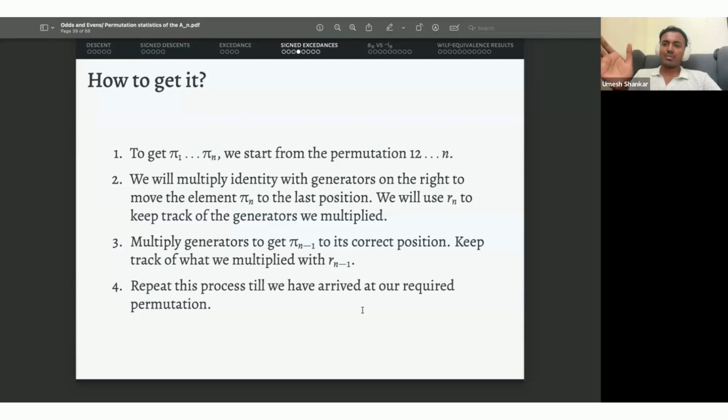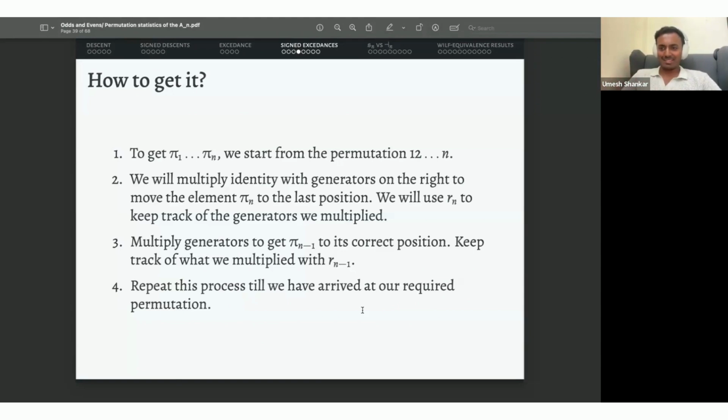Whatever generators we use like this, we will keep track of them using R_n. Now we will again multiply generators and move the second last element pi_(n-1) to its correct position, which is the second last position, and we keep track of the generators we use with R_(n-1). We will repeat this until we have reached our permutation.